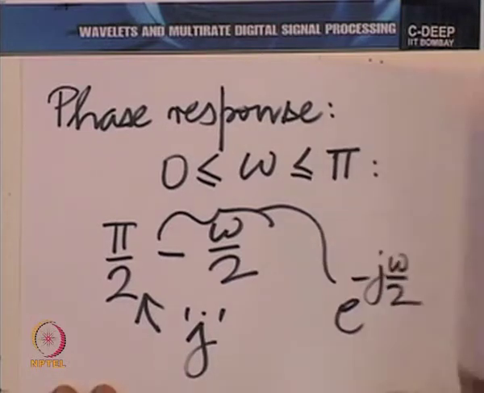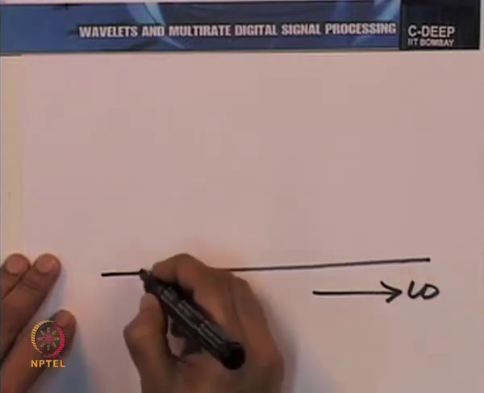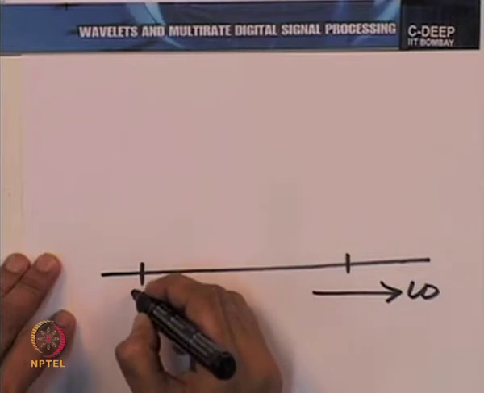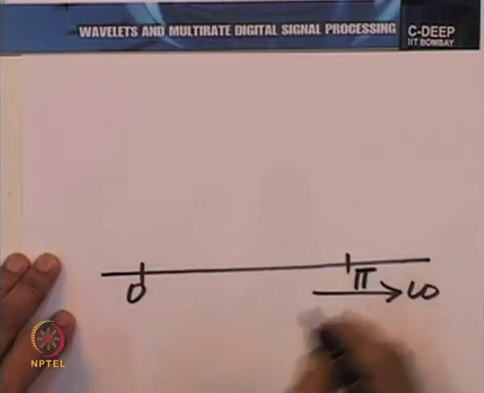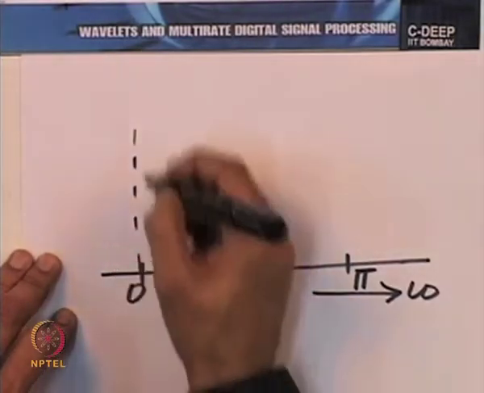Let us sketch this response, I mean the phase response. So, of course, at omega equal to 0, it is going to be pi by 2. And at omega equal to pi, it is going to be 0.